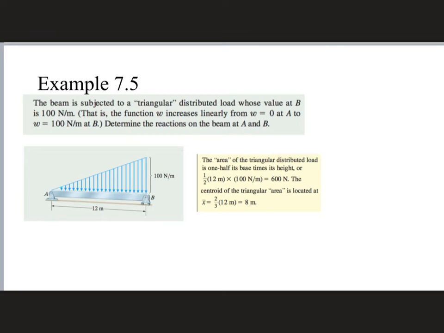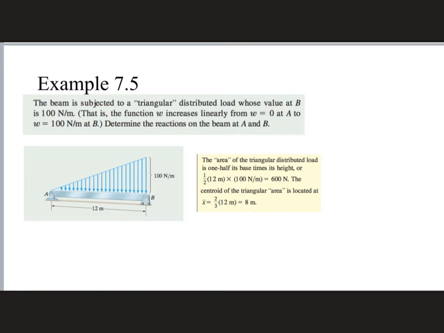So we know that the area of a triangle is simply 1/2 the base times the height, and in this case the height would be the 100 newtons per meter, the base would be 12 meters, and that gives us 600 newtons.